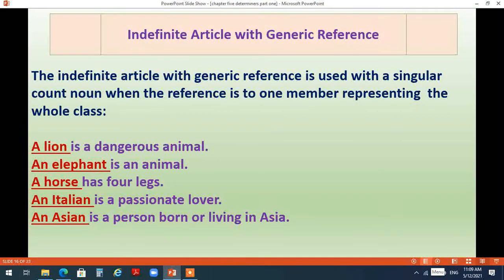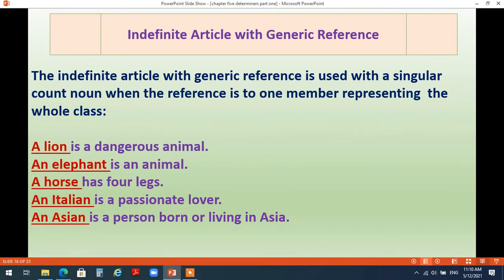The second case is that we use the indefinite article with generic reference. The indefinite article with generic reference is used with a singular count noun when the reference is to one member representing the whole class. So we resort to the indefinite article a or an, with a general reference, with singular count nouns when those nouns refer to one member and this member represents the whole class.